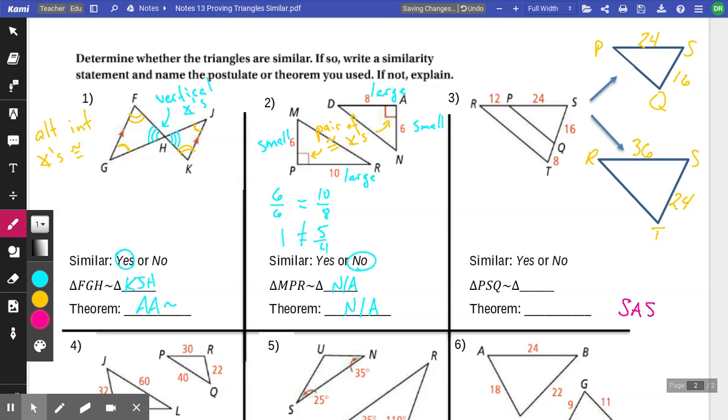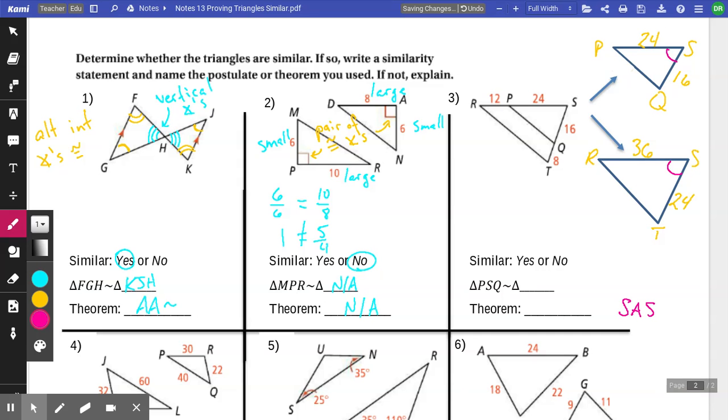If you look closely, you'll see that we actually do, because both triangles used angle S. And so the angle S in this triangle is the same as the angle S in this triangle. So they both use that same angle measure. And good news is the sides that we're given meet up at that angle. So that would be the setup for side angle side.